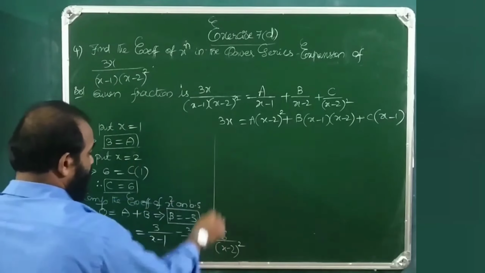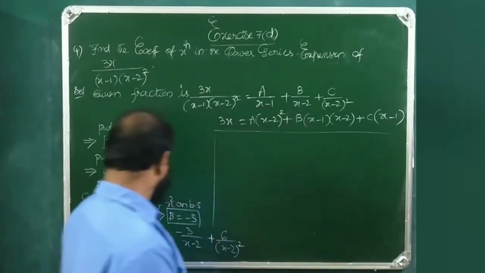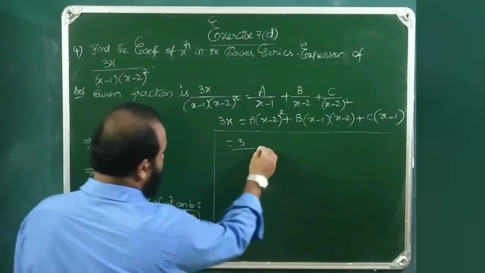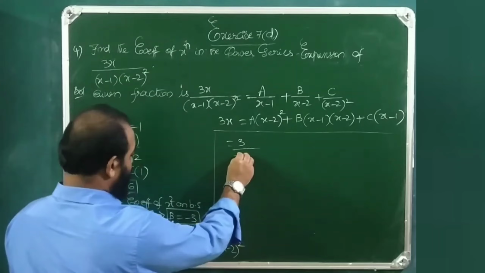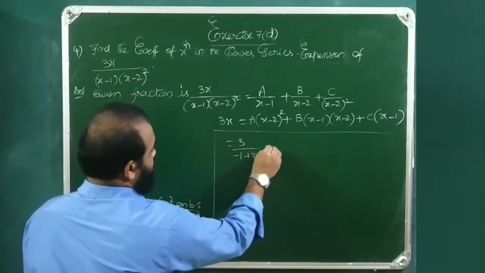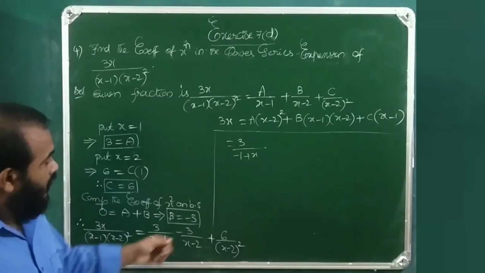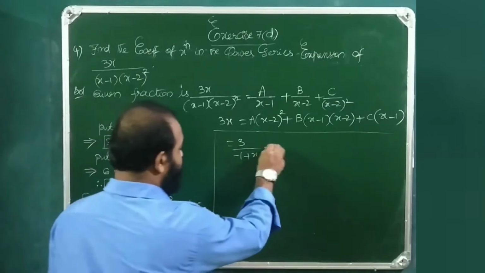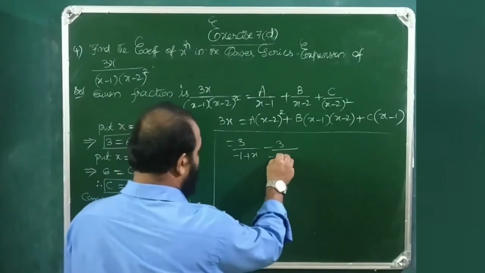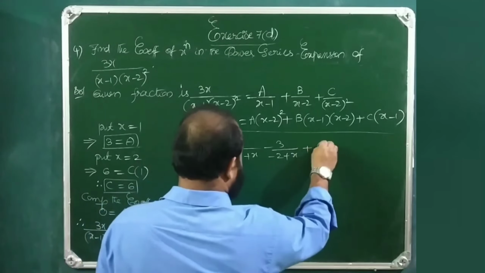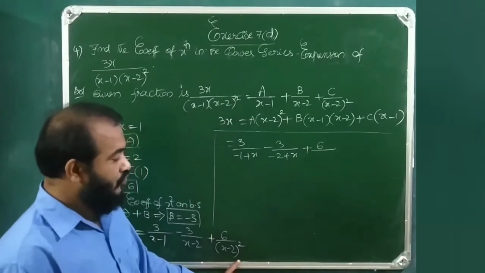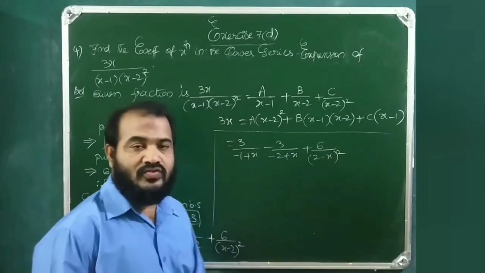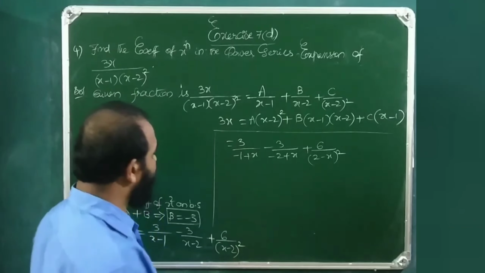This is equals to 3 into x minus 1, which can be written as minus 1 plus x. First the constant I am writing and then x. Minus 3 by, this is minus 2 plus x, plus 6 by x minus 2 whole square, which can also be written as 2 minus x whole square, because a minus b whole square equals to b minus a whole square.